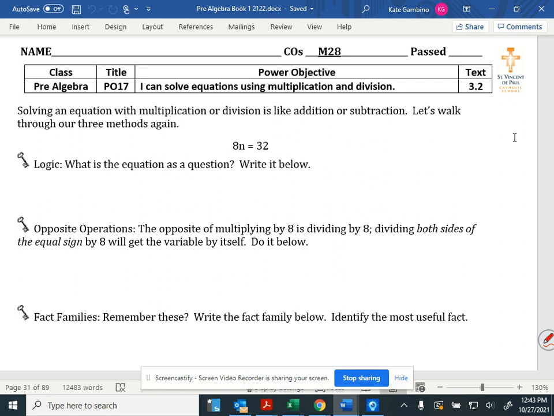So our question could be 8 times what number is 32? So if we just know our math facts, we know 8 times 4 is 32. So sometimes you just read the question out loud. That is your logic, putting it as a question.